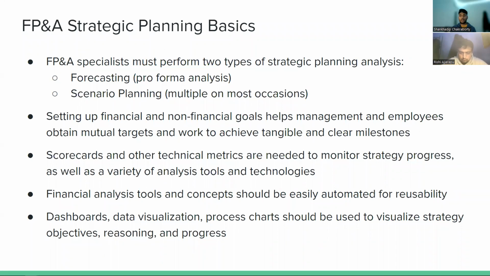Last week I talked about the different jobs within FP&A. One of them is reporting, and reporting really comes in handy when talking about the third topic. Scorecards and other technical materials are needed to monitor strategic progress. It's not enough to just come up with goals and work on them.